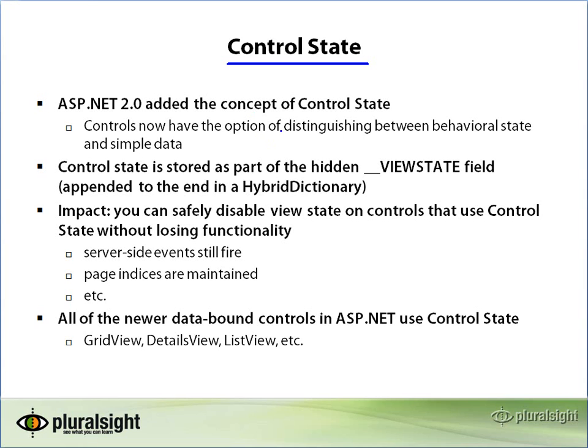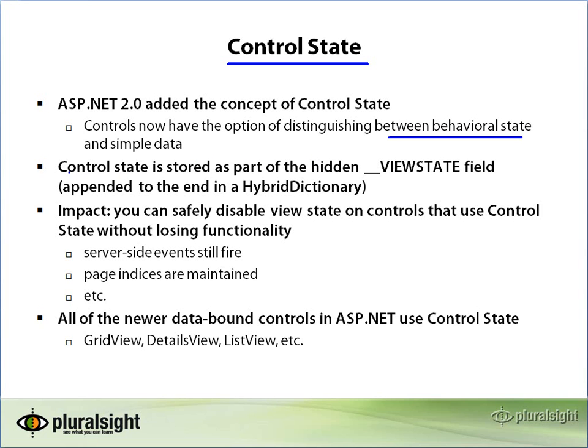So what we have now is this concept of control state, and control state lets developers distinguish between behavioral state and just the traditional state which is maintained across the postback. So the idea is to place your behavioral state into control state and then your standard state back into the standard view state. And the user cannot turn off control state.